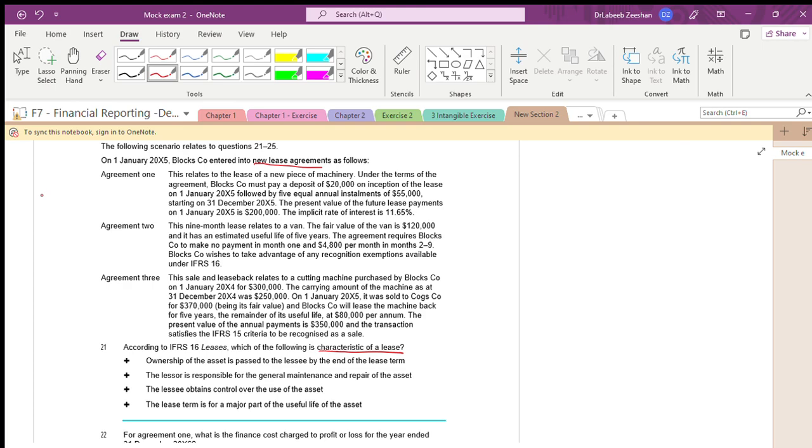Ownership of the asset is passed to the lessee by the end of the lease term. Yes or no? You will get ownership of the car after the lease term? No. Just think, you are taking a car on lease. The lessor is responsible for general maintenance and repair of the asset.